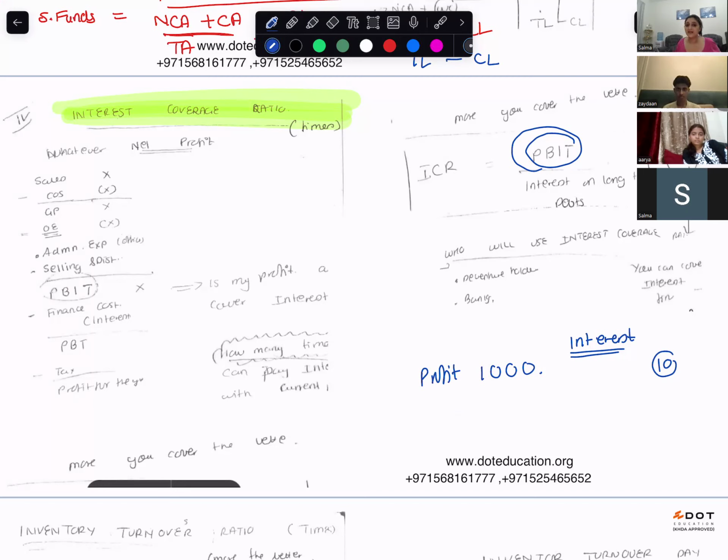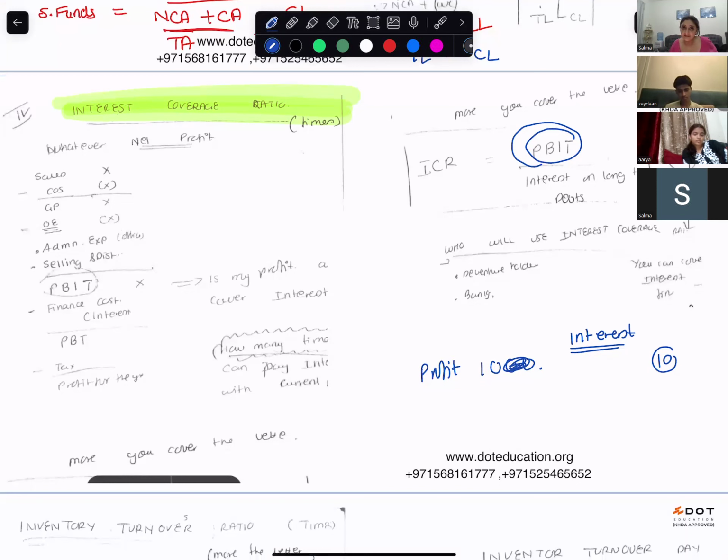Say your interest is 10, so your profit should be minimum 10. Then you can at least pay interest once. But say your shareholders, your debenture holders, or the bank who gives you loan, will they be happy to see that your profit is only 10 and interest is 10? They would say if this person is earning 10, and they pay me interest 10, that means they have nothing to take home.